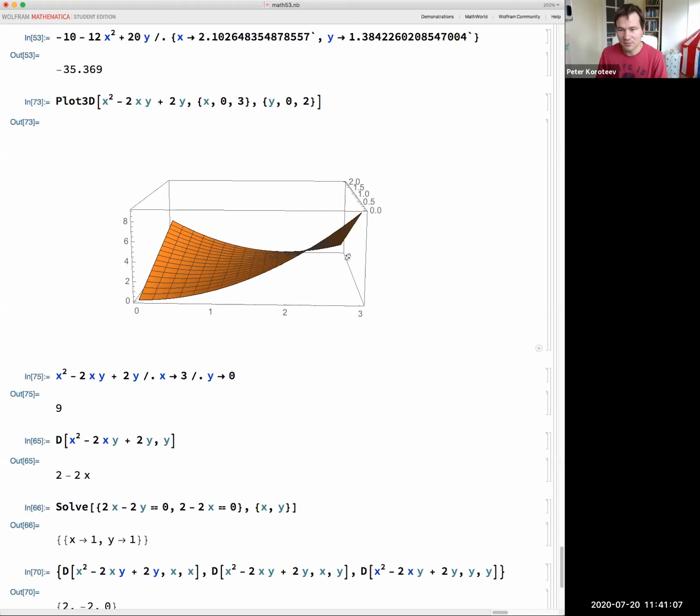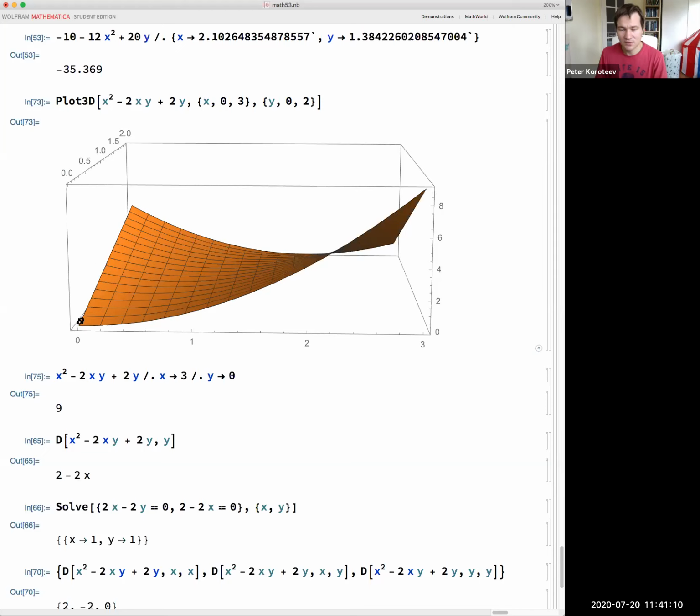So here it takes the maximum value, and then the minimum value is at 0, 0, when it's equal to 0.